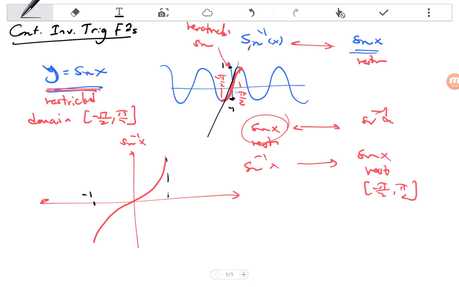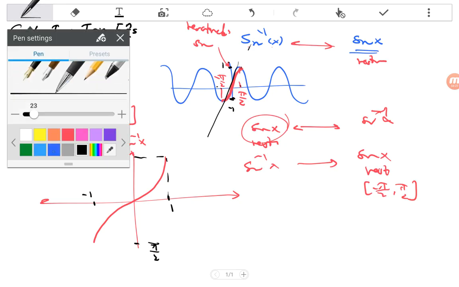So the values from negative 1 to 1 for the inverse function will be on the x-axis instead of the y-axis, and the values from negative pi over 2 to pi over 2, which were on the x-axis for the restricted sine, will be on the y-axis for the inverse function. So it will be like that. Okay, so that was the sine inverse.